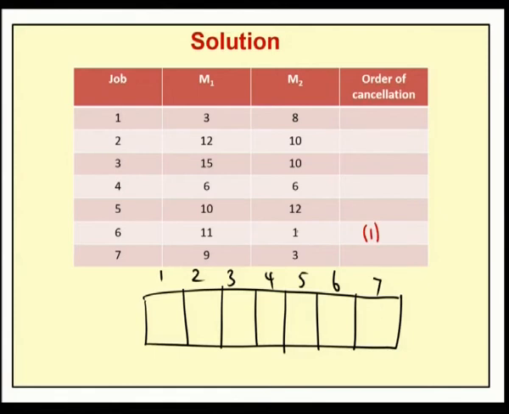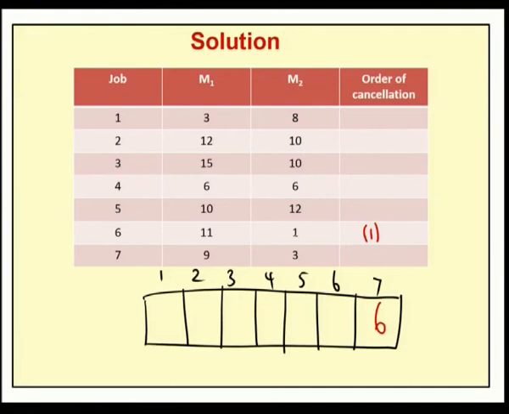Since the smallest corresponds to job 6 under machine 2, we have to place job 6 last.